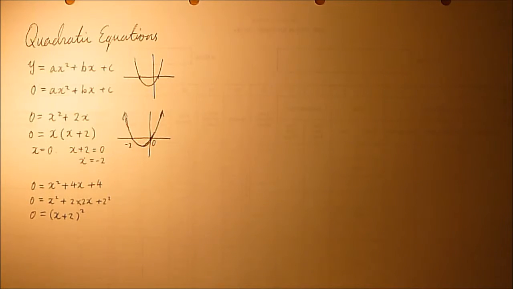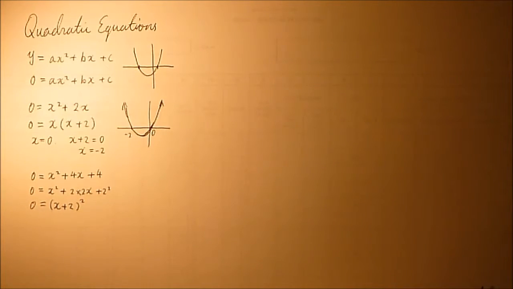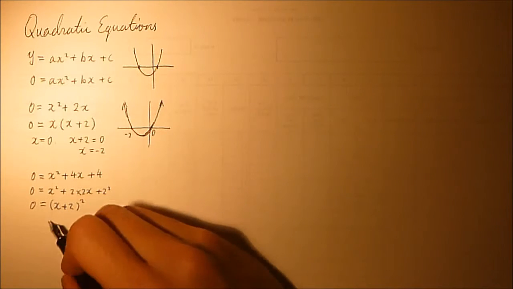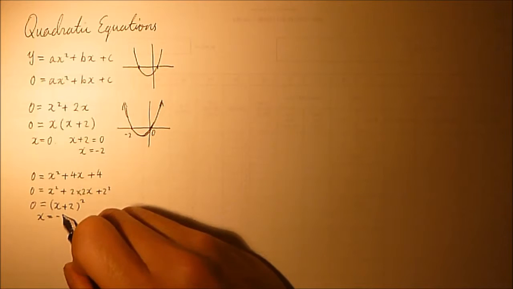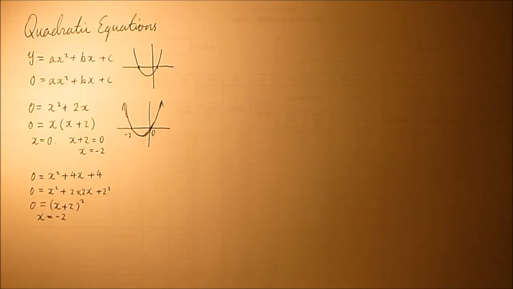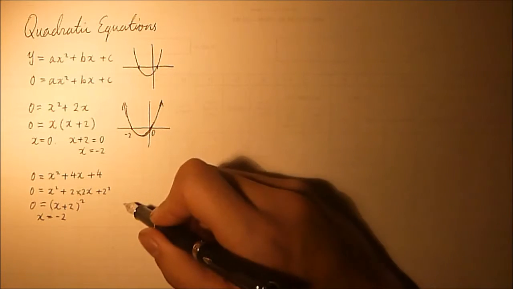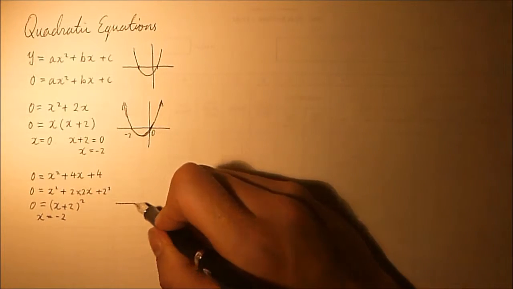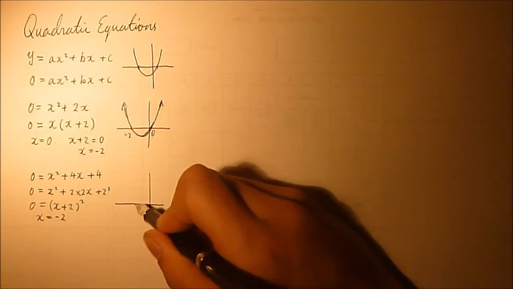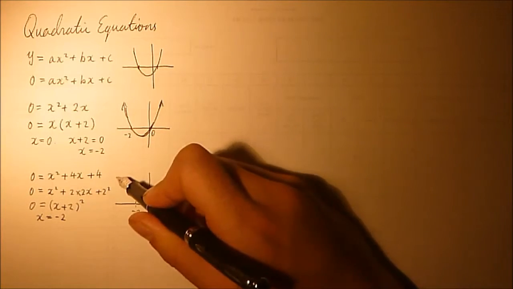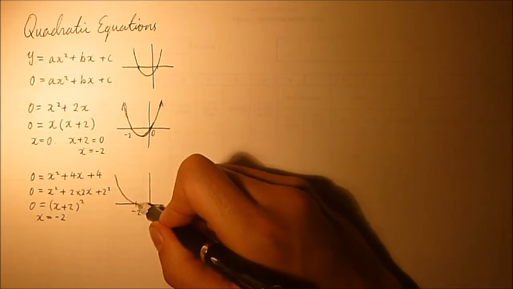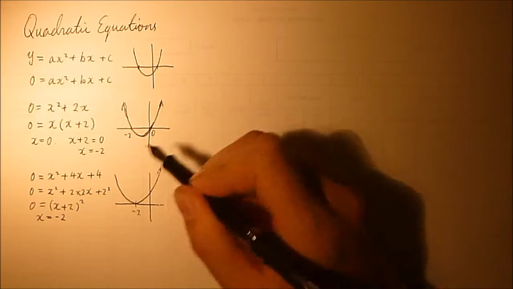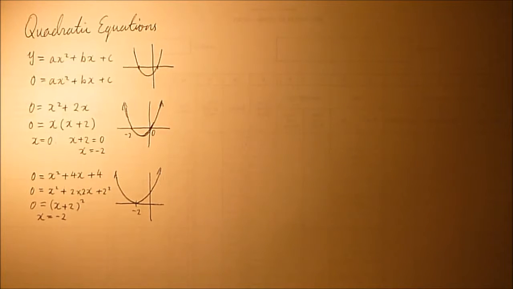In this case, there is only one possible solution for x, which is x equals negative 2. What this means is that when we draw the parabola, we have negative 2 here, and the parabola only touches the x-axis at this one point.